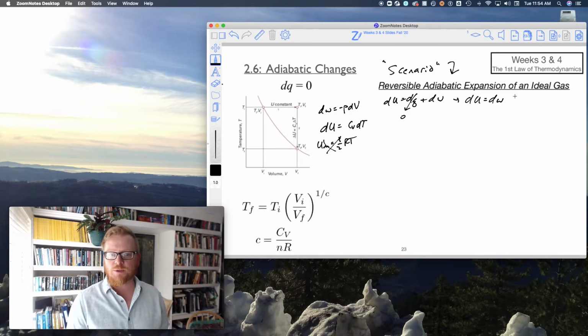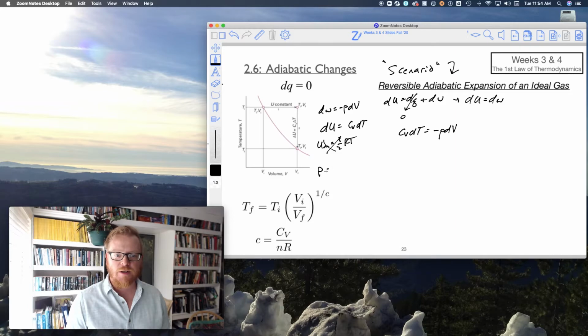So if we know dU equals dw, then I can say, let's see, I lost my train of thought here. Oh, yes, okay. So then I can say CV dT equals negative P dV. I got that by saying I know dU is CV dT, and I know dw is negative P dV. So I write that down, okay? And we're dealing with an ideal gas.